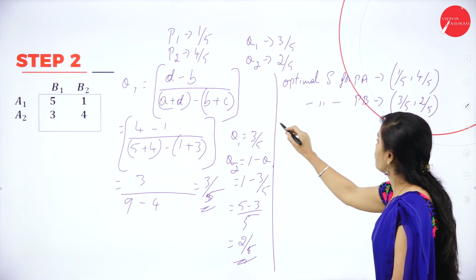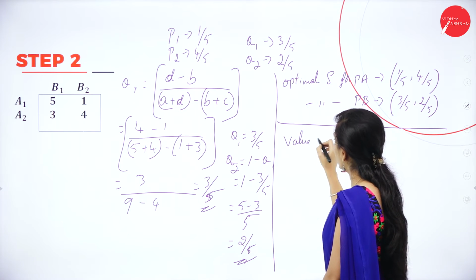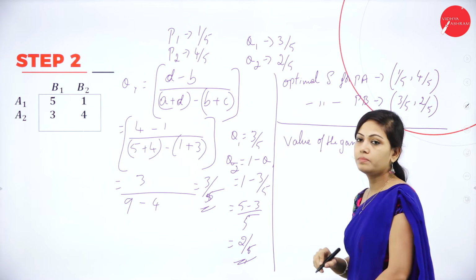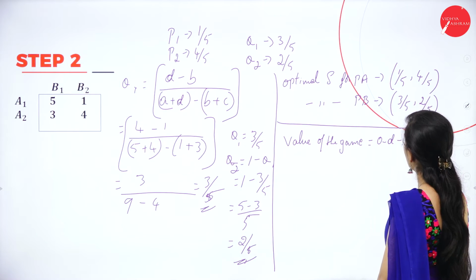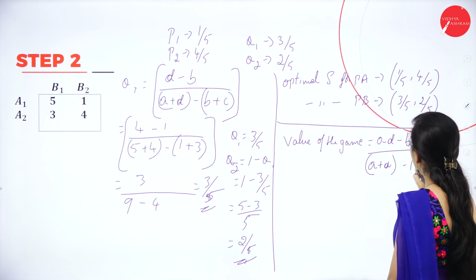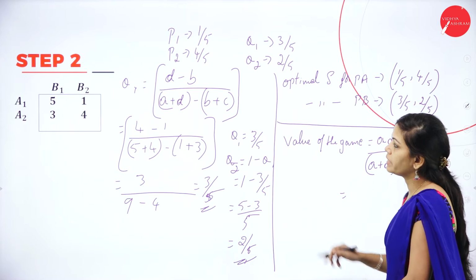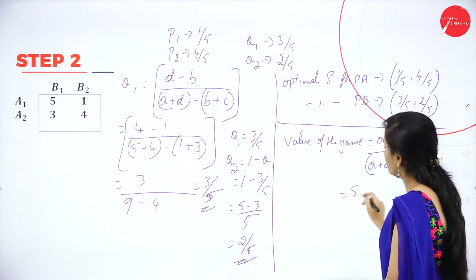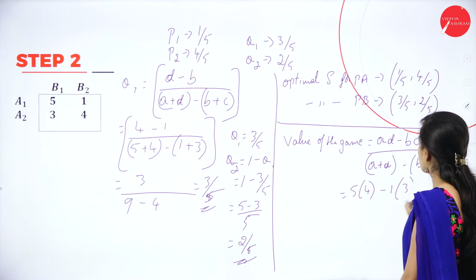So now you have to find the value of the game. Value of the game is equal to, what is the formula? Value of the game is equal to AD minus BC by A plus D minus B plus C. So now AD minus BC, substitute the value. A value is 5 into D value is 4 minus B value is 1, C value is 3.